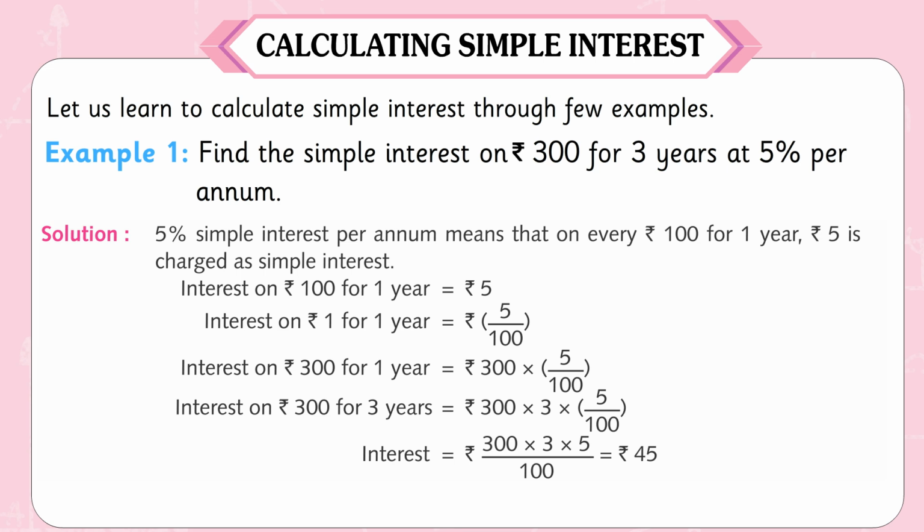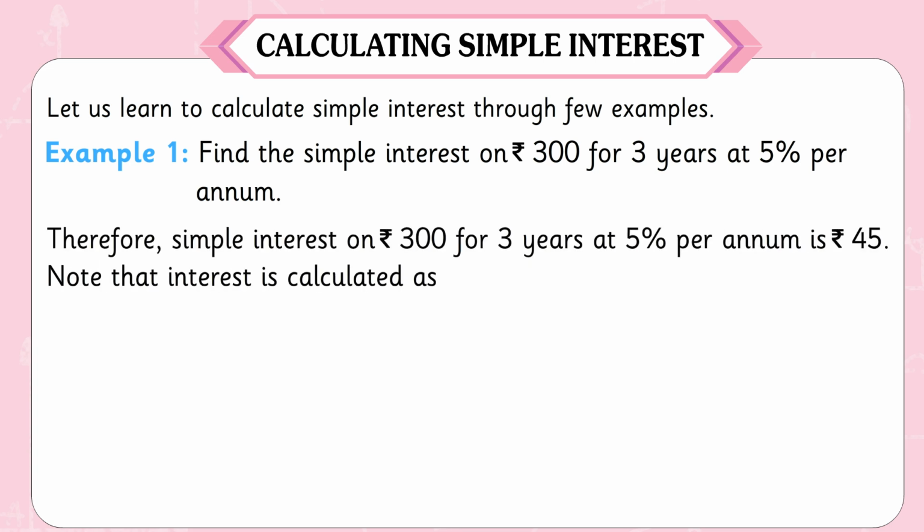Interest on ₹300 for 3 years is equal to ₹300 into 3 into 5 upon 100. Interest is equal to ₹300 into 3 into 5 whole upon 100, which is ₹45. Therefore, simple interest on ₹300 for 3 years at 5% per annum is ₹45.